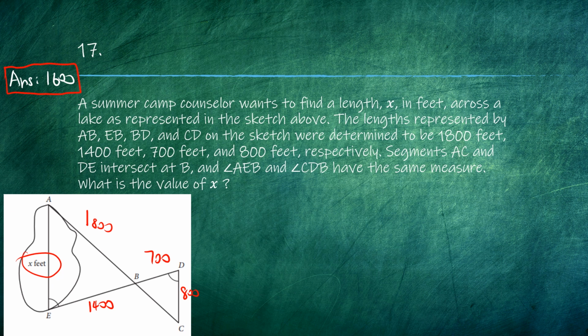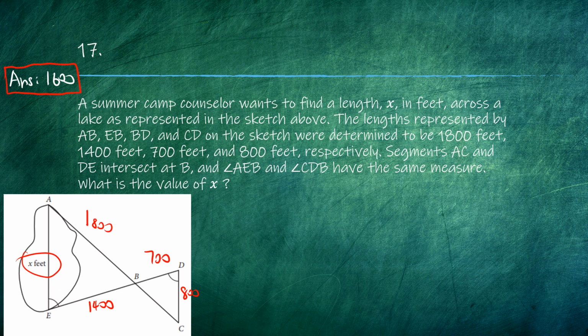If you're looking at it, it seems like these two triangles are very similar to each other. So are they similar? To find out, remember when we have similar triangles, their three angles have to be the same. So let's see if they are. We know angle AEB is the same as angle CDB.